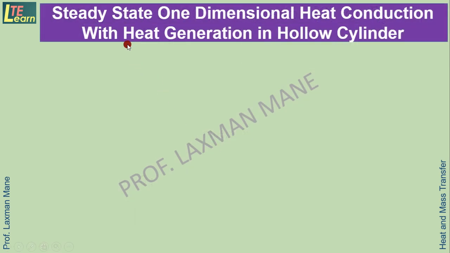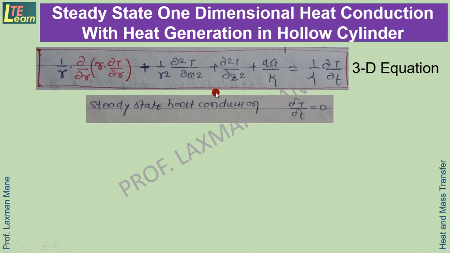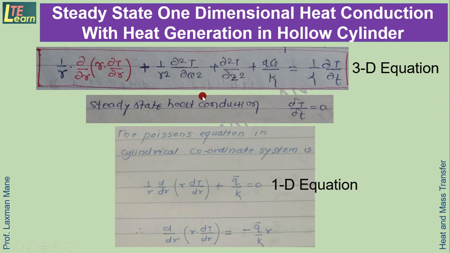Now the second case is of a hollow cylinder, steady state one dimensional heat conduction with heat generation. For that, first of all, for the hollow cylinder we will take reference of the 3D, three dimensional equation. In that we will consider steady state, so the right side of the equation becomes 0, and in the one dimension equation we consider only this part.